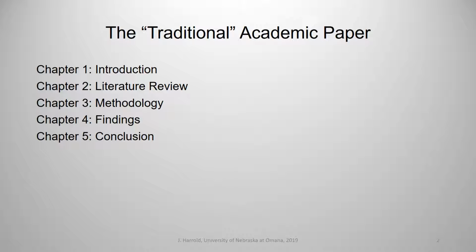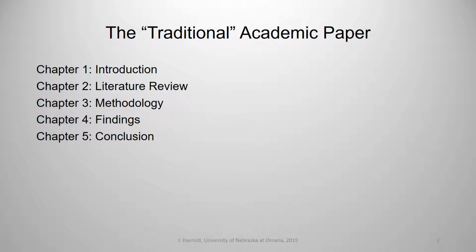And those chapters are as listed here: the introduction in chapter 1, followed by a literature review, and then in the 3rd chapter you discuss your methodology. In the 4th chapter, you present your findings that came from use of your methodology. And then finally, in the 5th chapter, you present a conclusion or several conclusions.